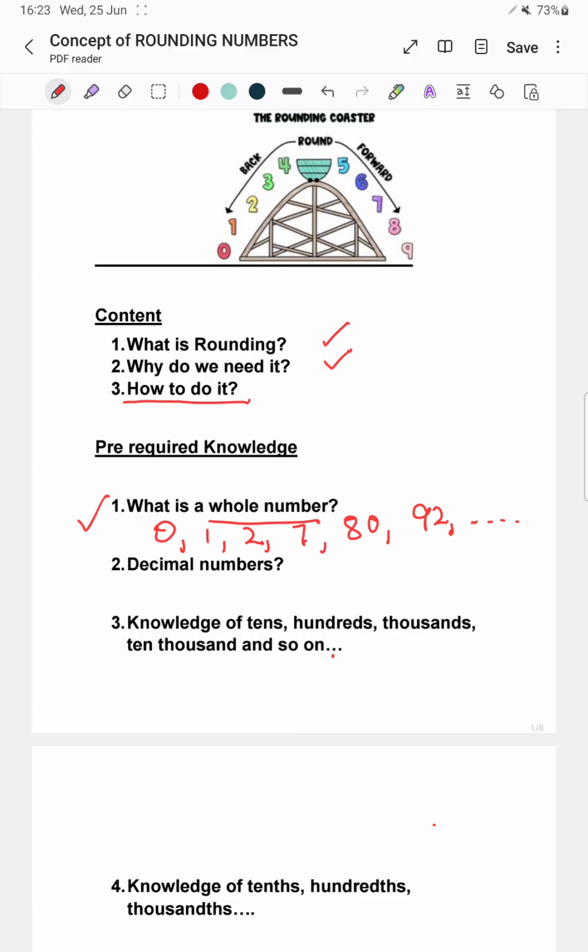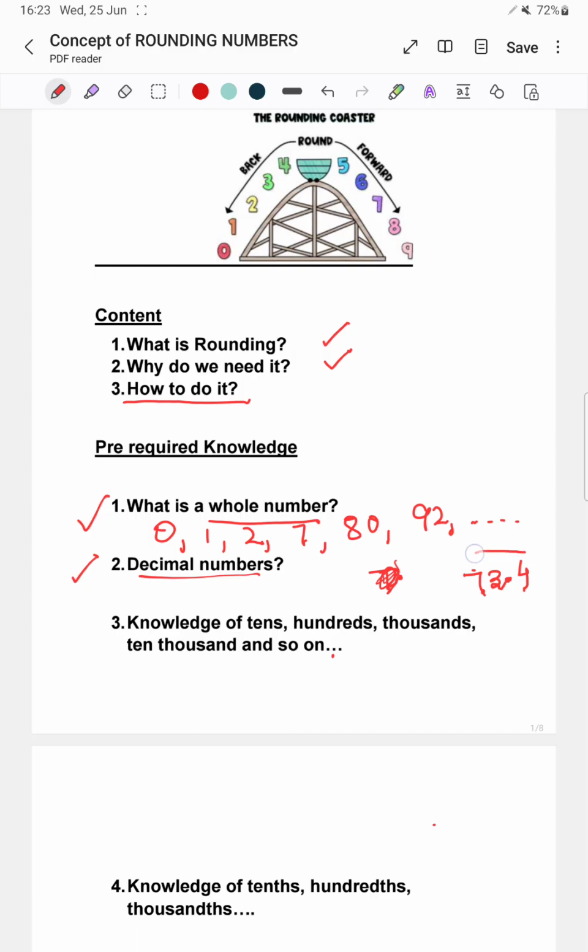Okay. On the contrary, the second thing is decimal numbers. As the name suggests, decimal numbers are the numbers which have a decimal part as well. For example, I'm writing here a number 73.4. This number is a decimal number because it has a decimal point.